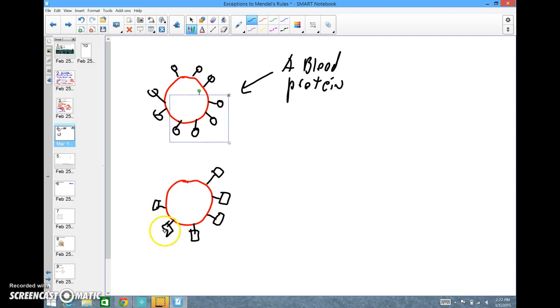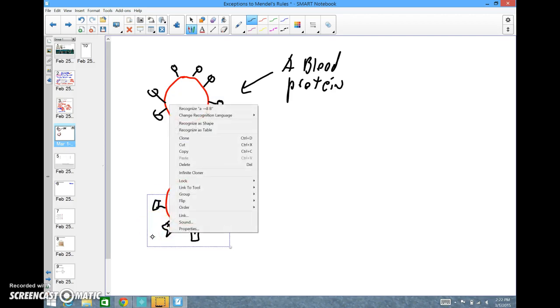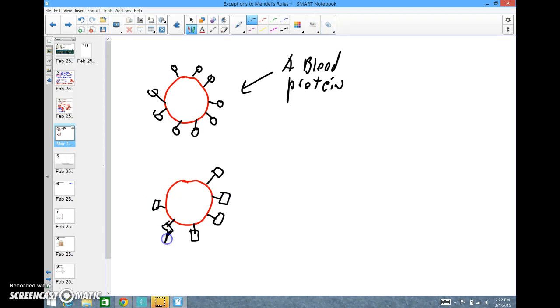Let's fix this one. Okay, so this would be the B blood protein.